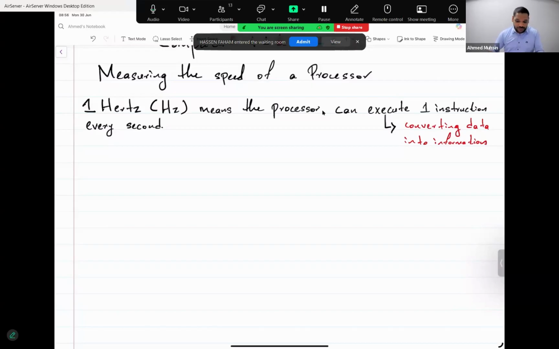So everyone, write with me. 1 hertz. 1 HZ.